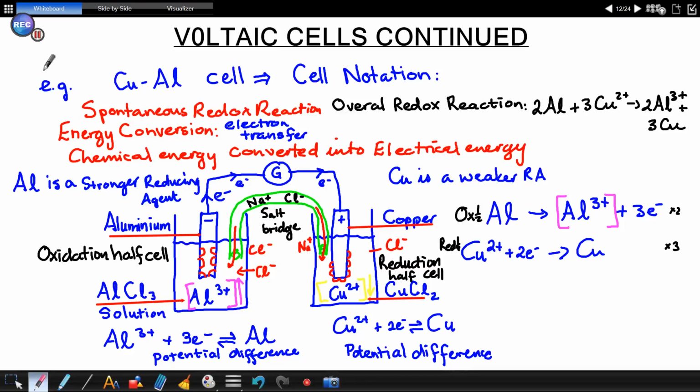Now, how are we supposed to measure the electrode if it's negatively charged or positively charged? The stronger reducing agent will be the one that supplies the electrons, so it will form the negative electrode.